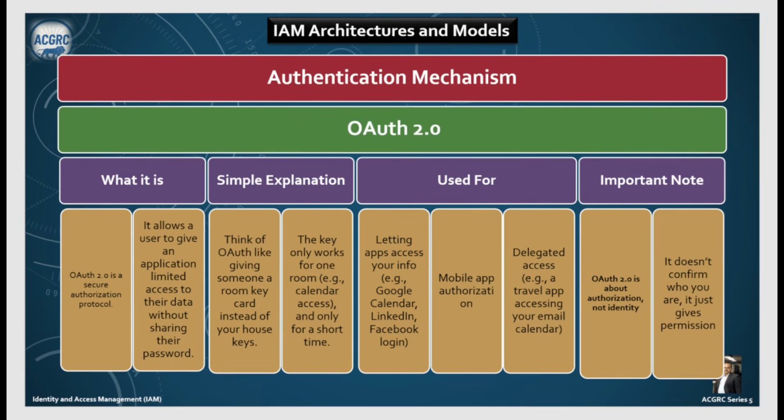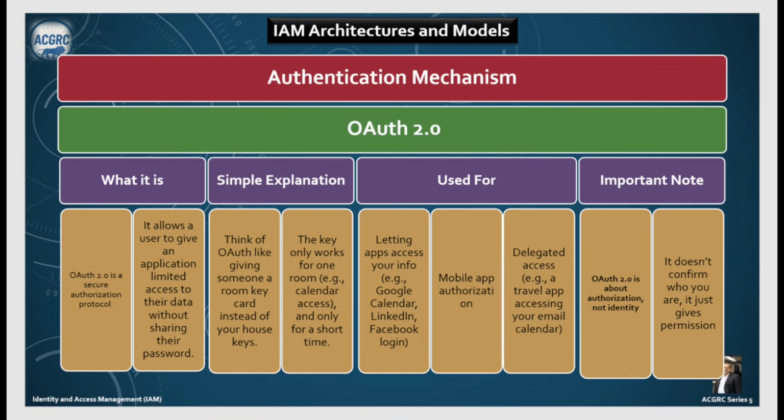It's an XML based format and often used in browser based access. Let's look at OAuth 2.0. OAuth 2.0 is a secure authorization protocol. It allows a user to give an application limited access to their data without sharing their password. Think of OAuth like giving someone a room key card instead of your house key.